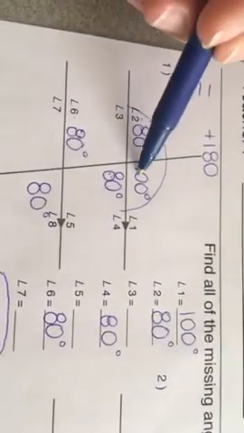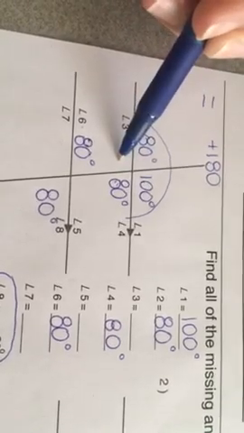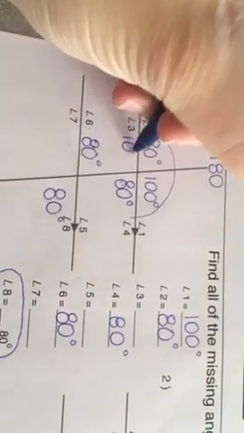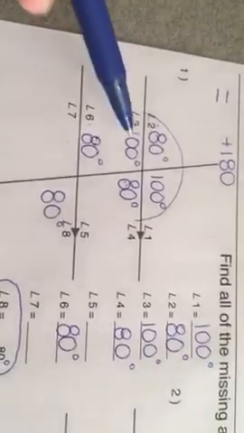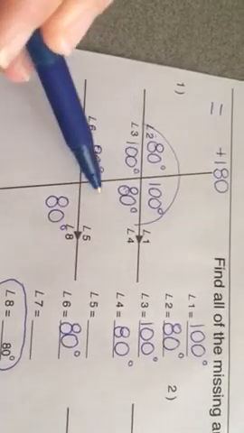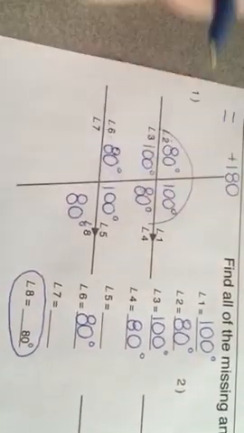So 100 degrees. Now I see that these are vertical angles, and we know vertical angles are equal. So angle 3 has to be 100. And then we've got another pair of alternate interior angles, which are equal, which means angle 5 will be 100.